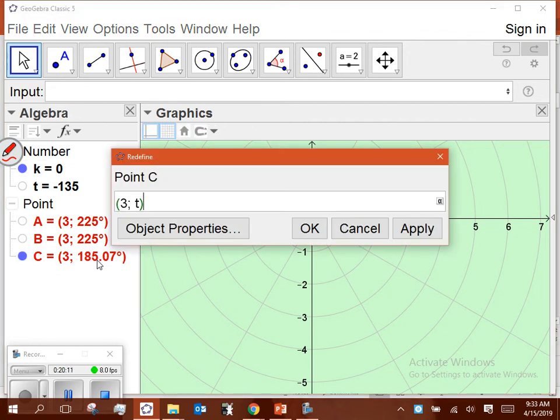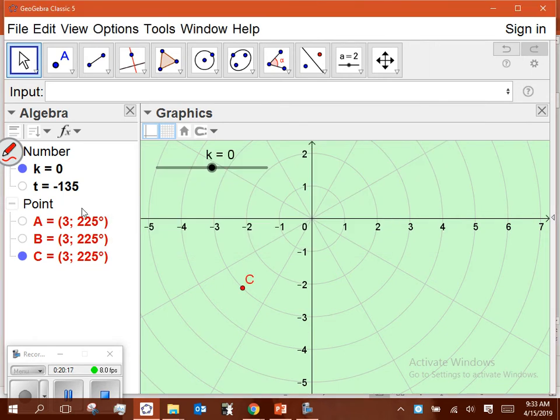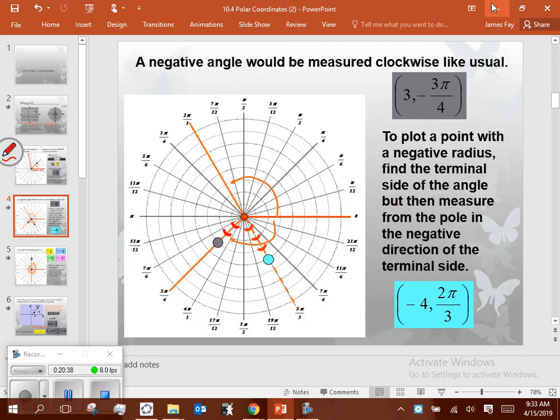Because that's got to be t degrees now. I think that'll fix it. There we go. Now you see that t changing from now 225. Now it would be really 585. Does that make sense? So 3 comma 585, 3 comma 945, 3 comma 1305. Those are all the same point, are they not? Okay.